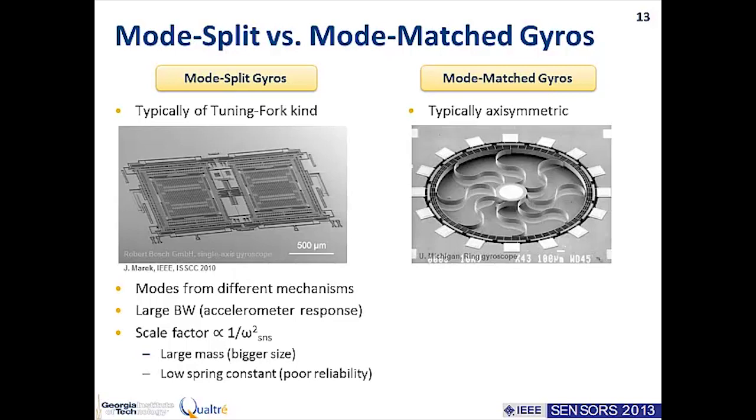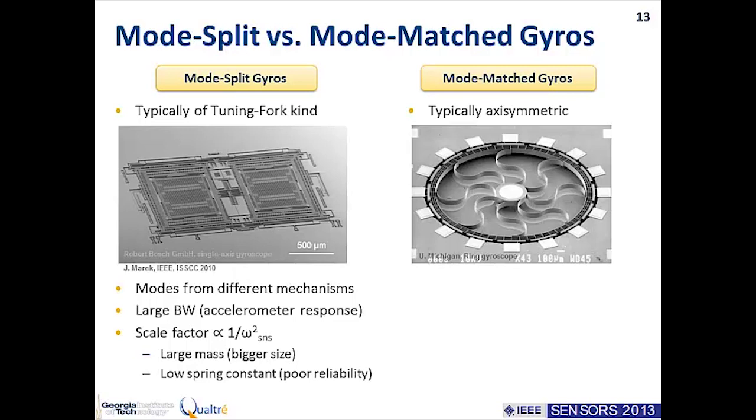So, for example, in this particular case, if we trace a line about 45 degrees, we see that the structure is not perfectly symmetric, which means that the mechanisms that define the drive mode displacement and the sense mode displacement are going to be different. Now, that doesn't mean that you can't change the dimensions of certain springs to adjust them to be equal, but in general, it's a lot harder to get a mode-matched gyroscope when you're implementing it with this type of approach.